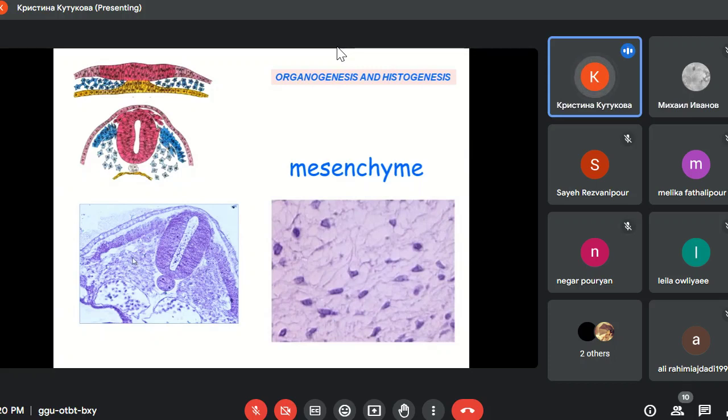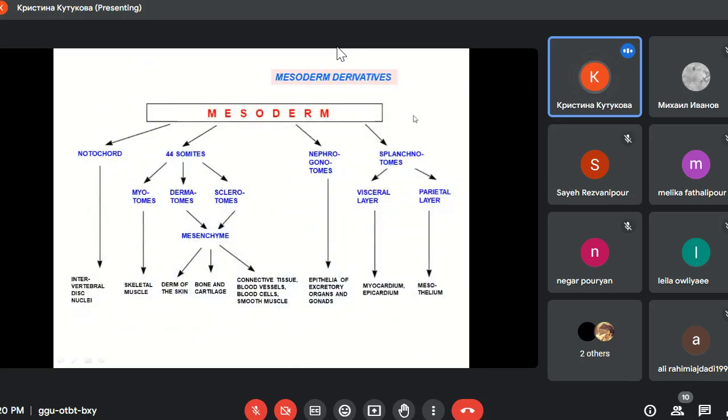So while they are migrating, they are in form of mesenchyme. Now, the derivatives of mesoderm. Mesoderm consists of notochord, somites, nephrogonotomes, and lateral plate mesoderm.